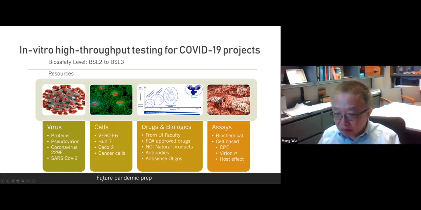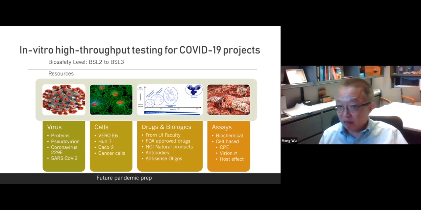At the bottom, you will notice that we are preparing these resources. It's not only for the current COVID-19 per se. We can use the facility for future pandemic preparation. I want to point out I'm working to get BSL-3 lab access. That will give us the capability to do this in a more direct way.